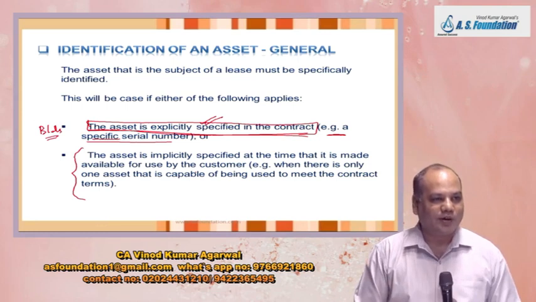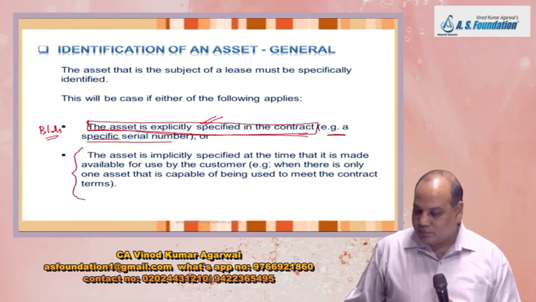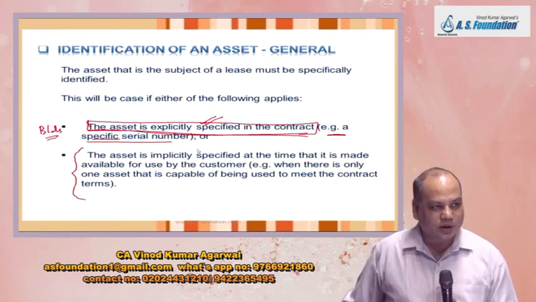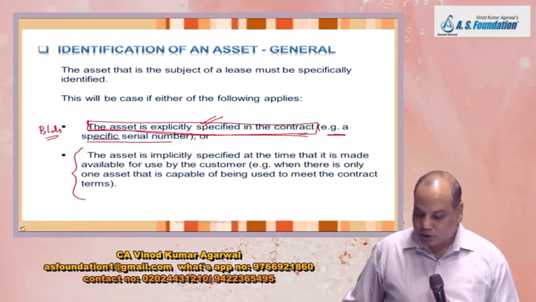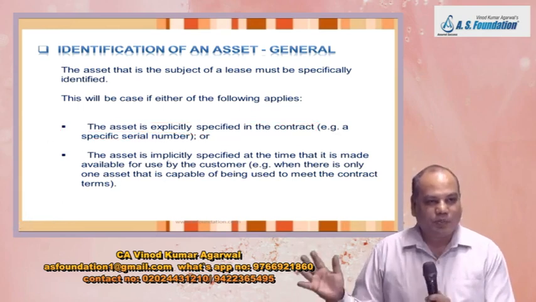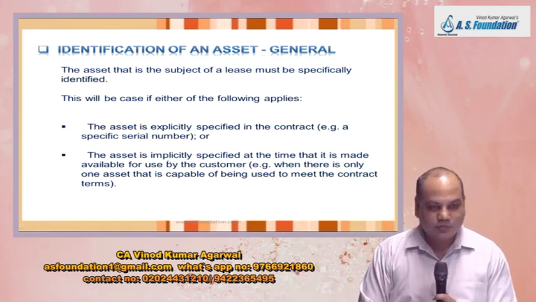And he has only one factory. So that is implicit in this case. Or any such example where you know that there is no other asset. That is the only possible asset that can be given by the supplier. Like in case of power facilities, they have separate power facilities for specific companies only.